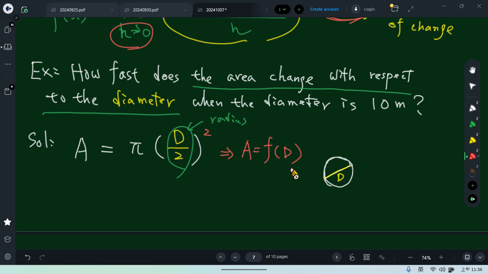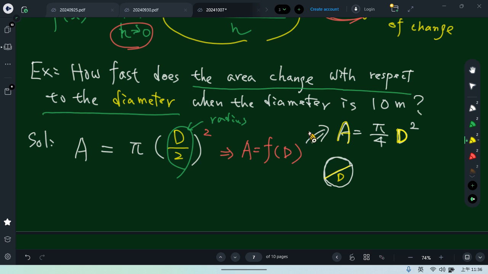But for some applications, if we want to get the area, especially for a circle, then we can formulate A is equal to f of D. Then we can formulate A is equal to pi over 4 D squared, right? So we can see D determines A.